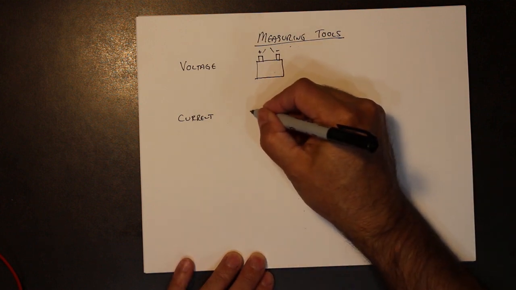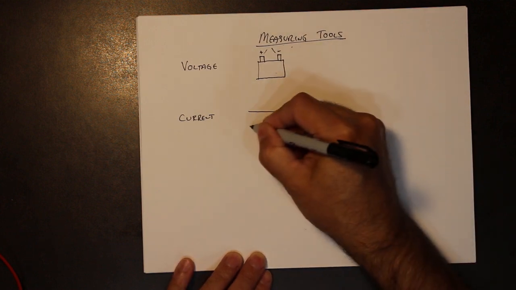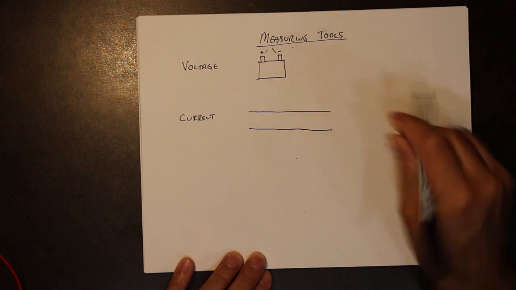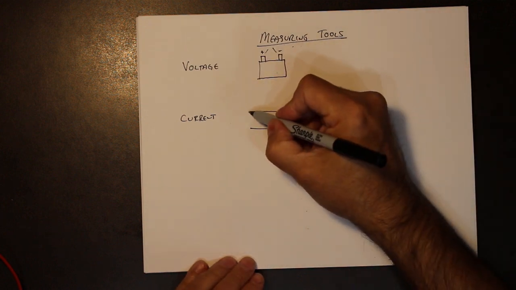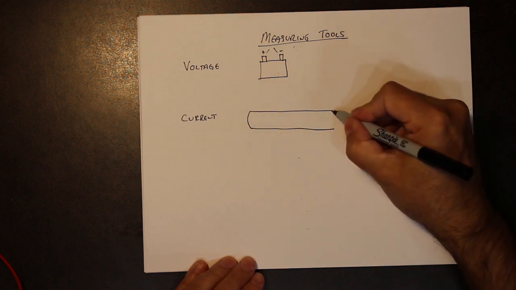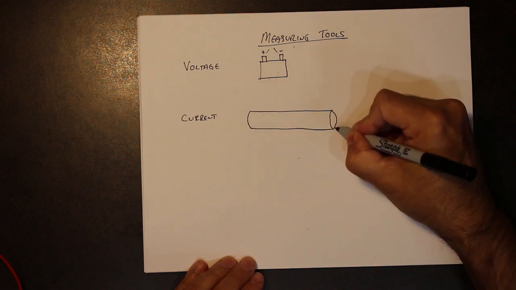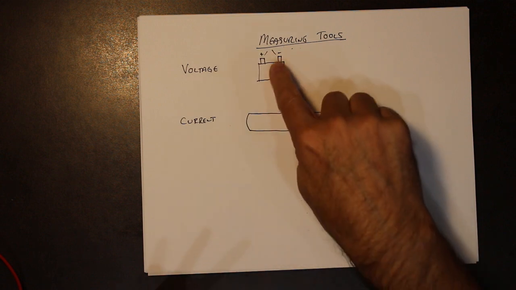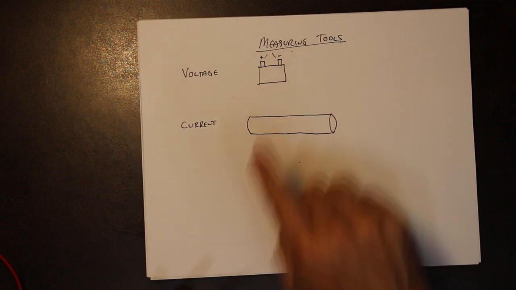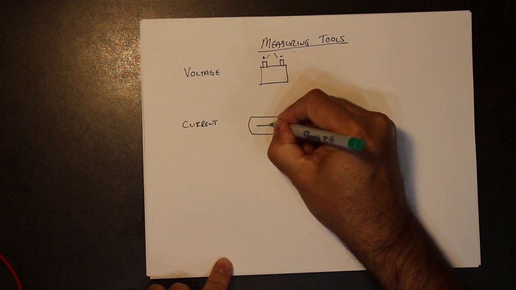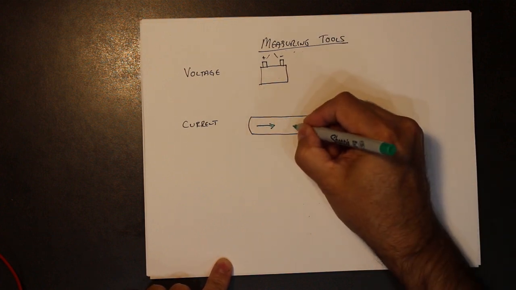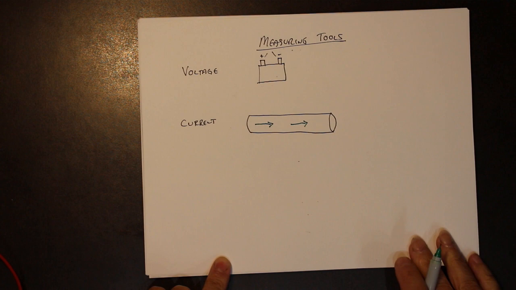So if you think about it, if we had a wire and we used some energy from our battery, we could get electricity to move through that wire.